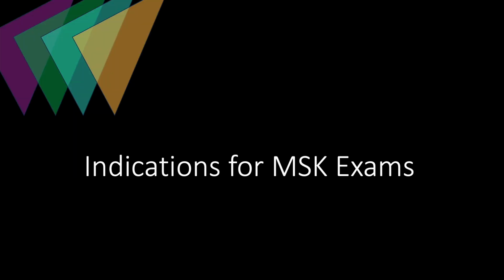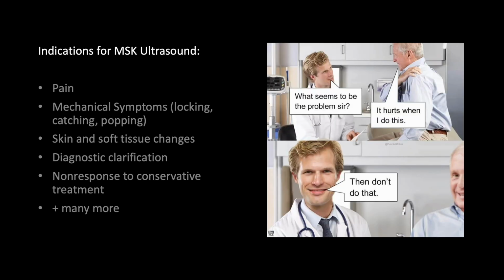So let's start off by thinking about what kind of questions you may come up with when you're evaluating a patient in the office who has lots of different MSK complaints. What would some of the indications be for you to reach for an ultrasound probe as an imaging modality of choice? The most common indication for MSK ultrasound is pain affecting a particular region of the body.